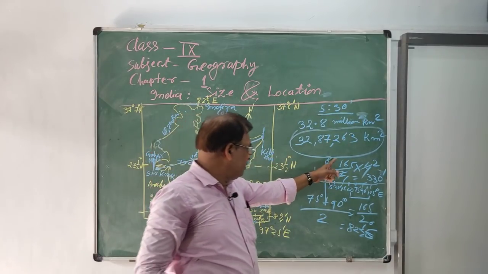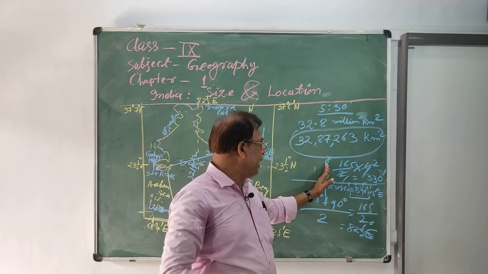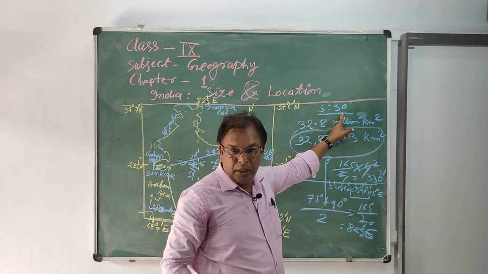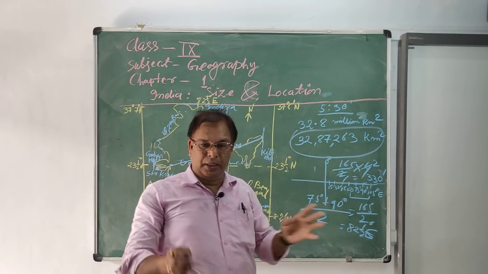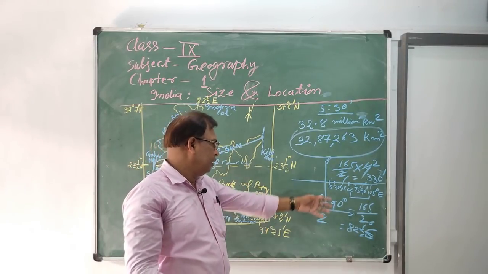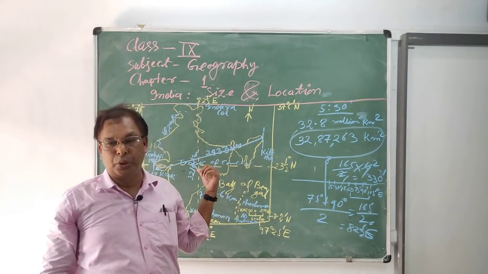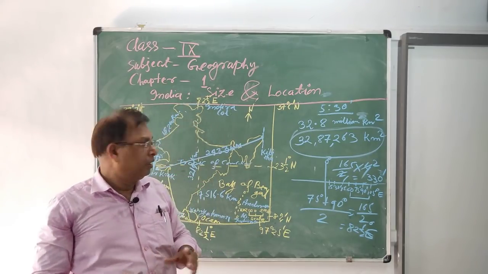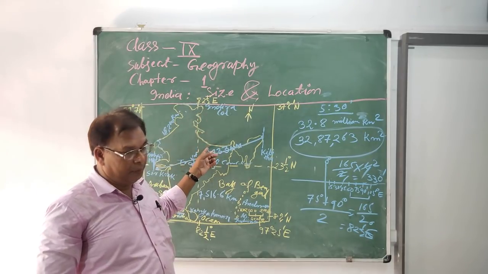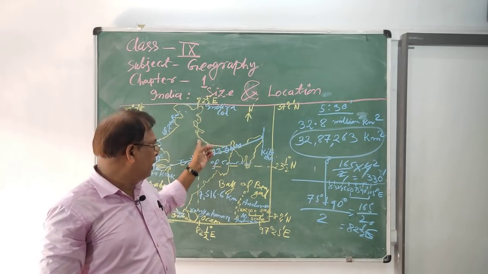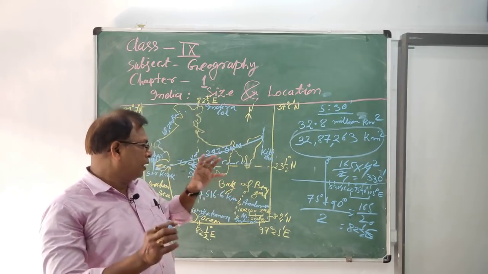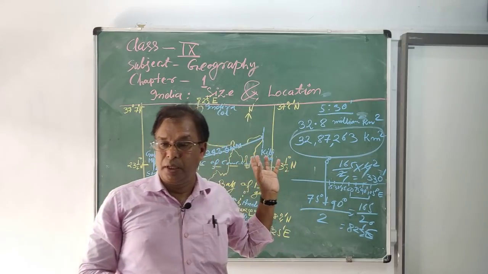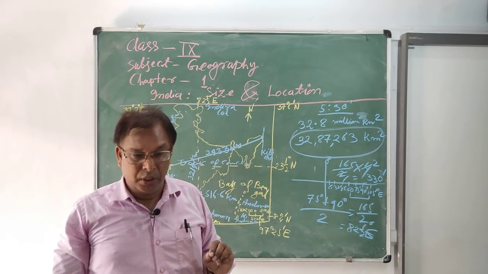So when Greenwich time is 12 midnight, then India's time in the morning will be 5:30 a.m. So you can also calculate time with the help of longitude. Therefore, longitude is a very important meridian. India's 82.5 degree meridian is very important. The total time of India is also calculated with the help of the 82.5 degree east longitude.